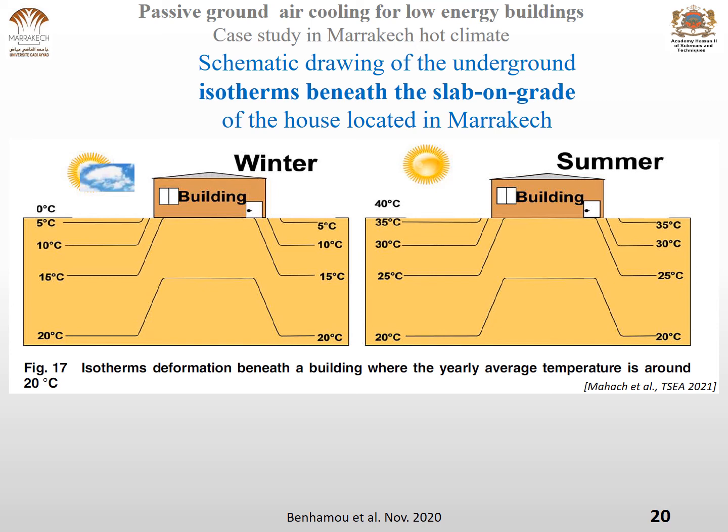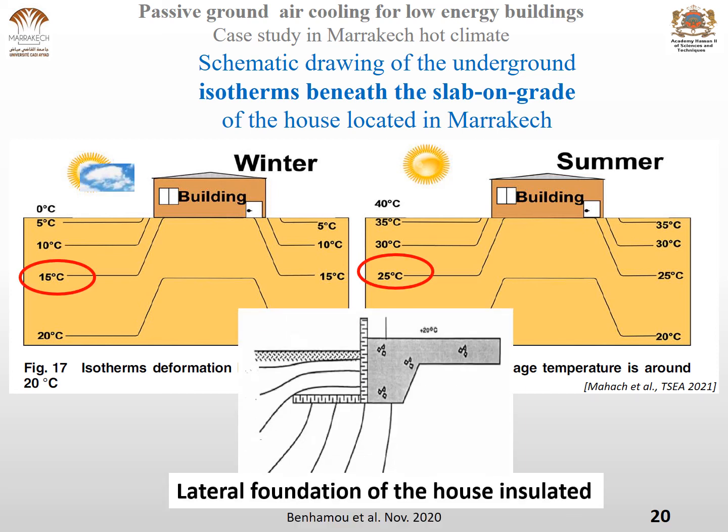We can see here the benefits of the ground for the building, either in summer and in winter. However, at the edges of the buildings, there is some undesirable heat transfer, which can be stopped by a lateral thermal insulation of the foundation of the house.